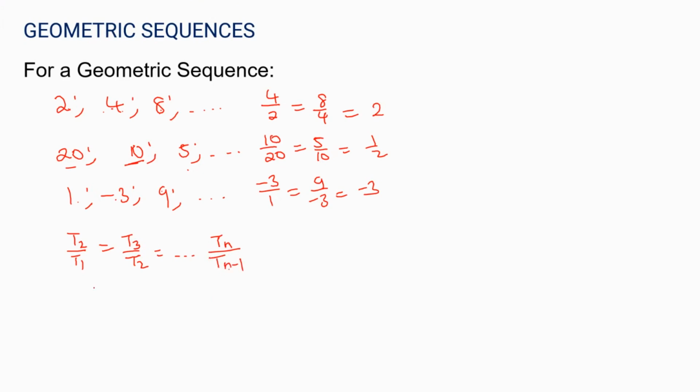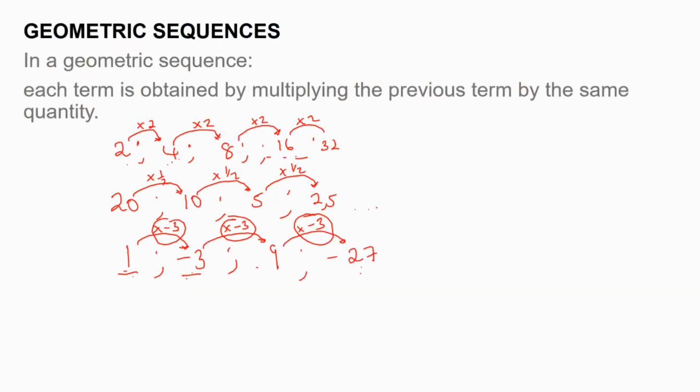In general, Tn divided by Tn minus 1 is called our common ratio. Like we discussed in the previous slide, we said each term is obtained by multiplying the previous term by the same quantity. That same quantity is called the common ratio. Like for this one here, 2 is the common ratio, half or 1 over 2 is the common ratio, -3 there is the common ratio.